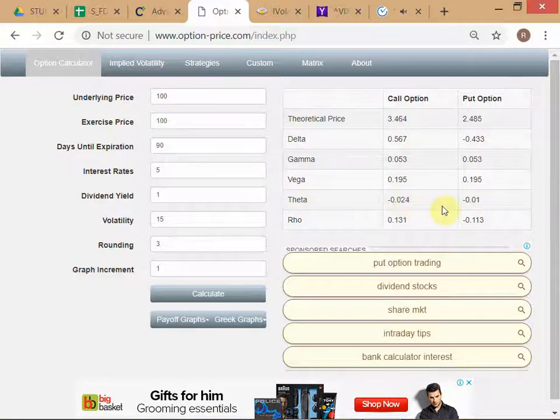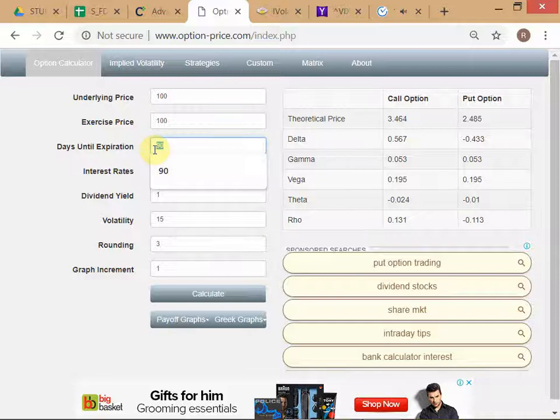So theta has a sign, but it also has a magnitude. What you will find is that theta is very high. Let's look at the call option theta as an example. Remember this, minus 0.024. Now I'm going to drastically reduce the days to expiration; this is a 90-day option right now.